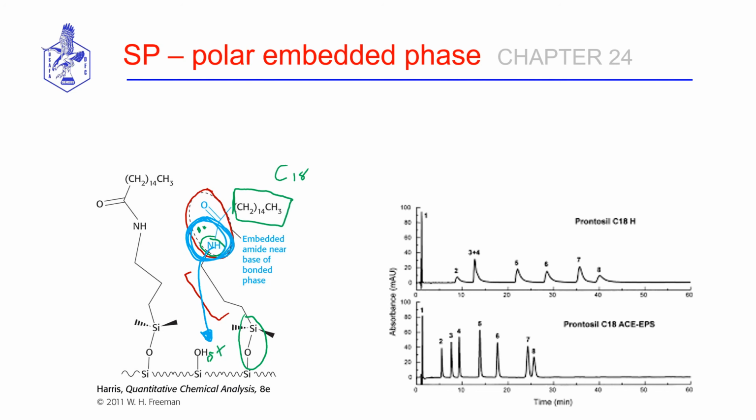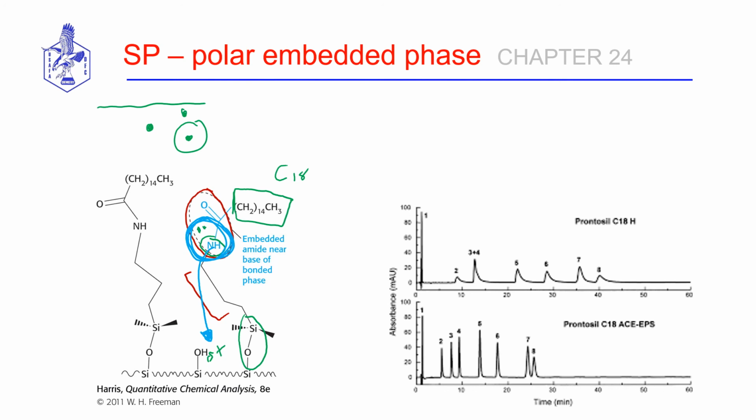So we're going to tie up our unreacted silanol sites intentionally so that my analyte species flowing through, my molecules of whatever species I'm trying to separate, will no longer have the opportunity to get stuck on those silanol sites and then result in peak tailing.